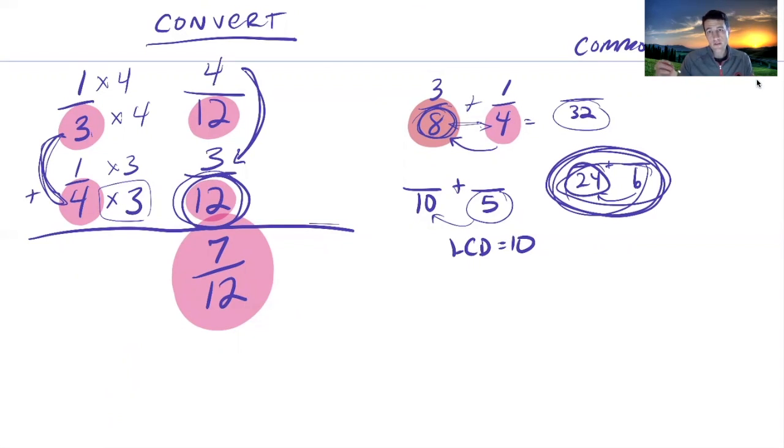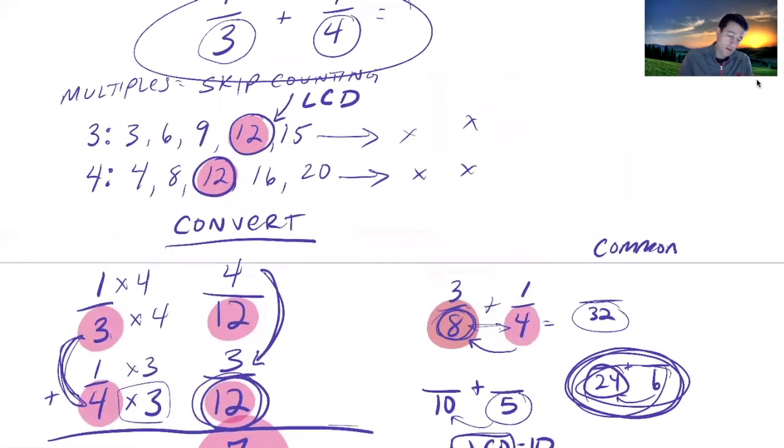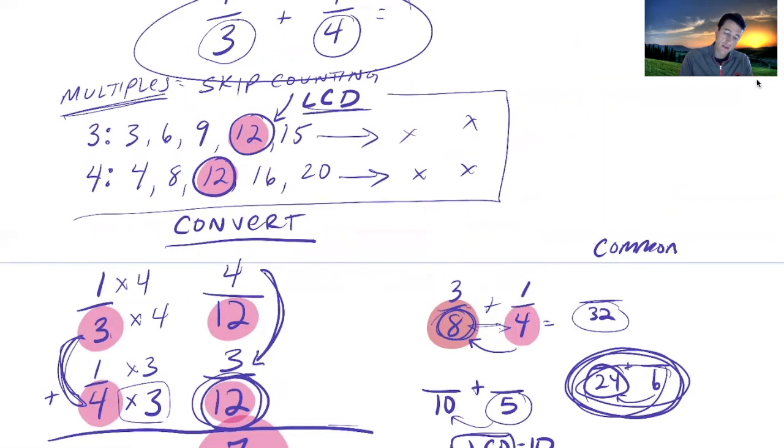Another very good selling point about finding the lowest is that once you find the lowest common denominator, the chances of you reducing at the end are pretty much none. So if you take the time to list out your multiples and find that lowest common denominator, chances are when you get to the end of the problem, you won't need to reduce a fraction.